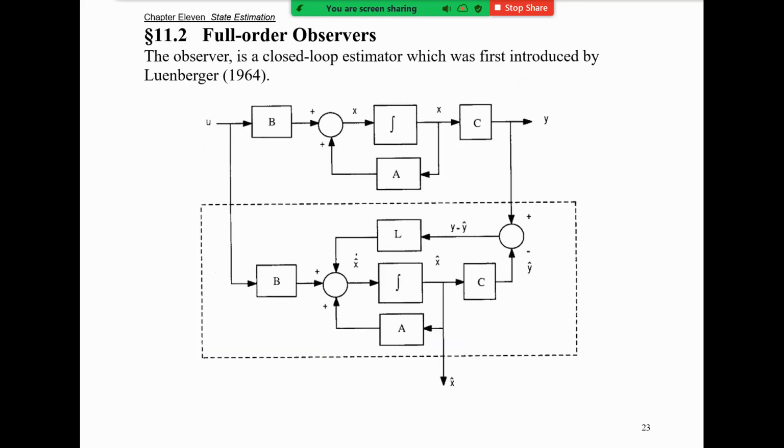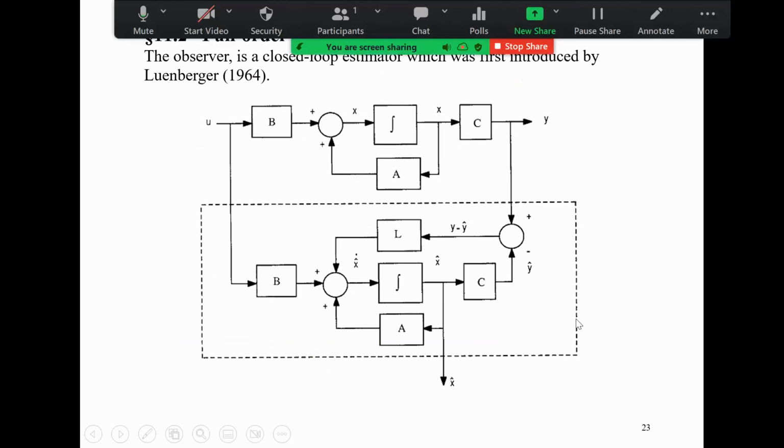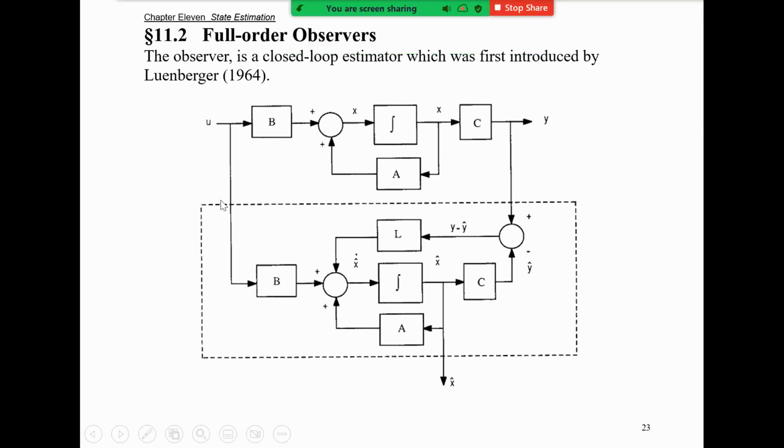Okay, so that's the idea of the full-order observer. Of course, this was proposed a long time ago, right? Almost 60 years ago. This is the system. So this is the model of the system, right? A, B, C, the same thing, but we add a feedback. This is the actual output which we can measure, right?